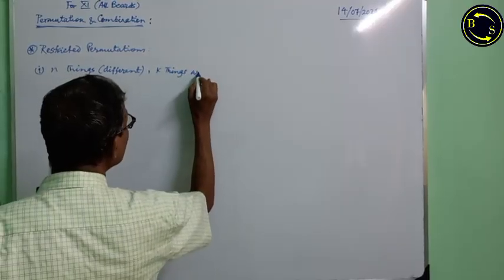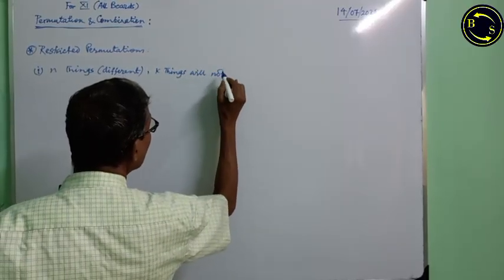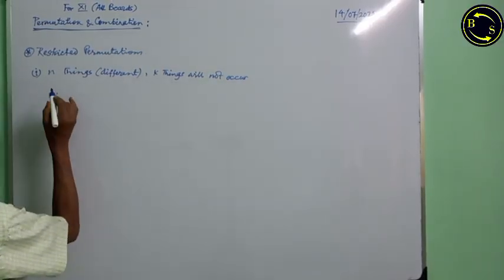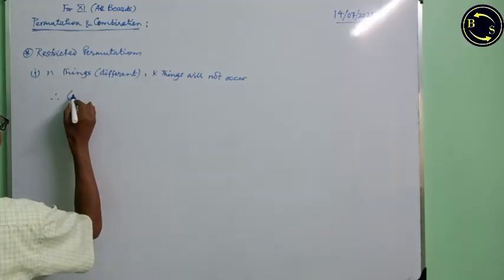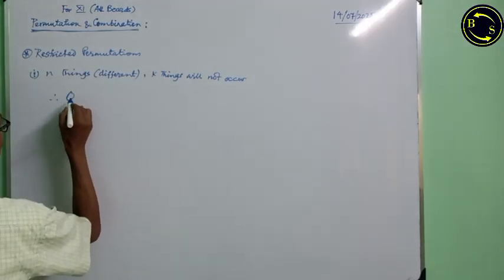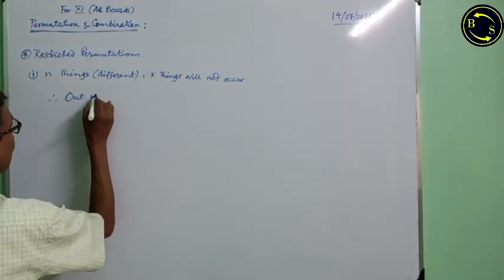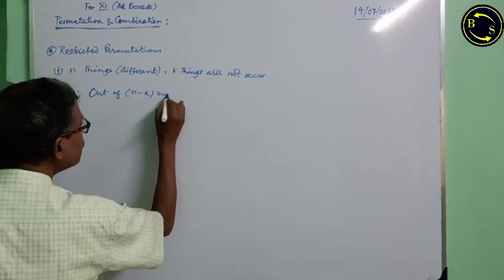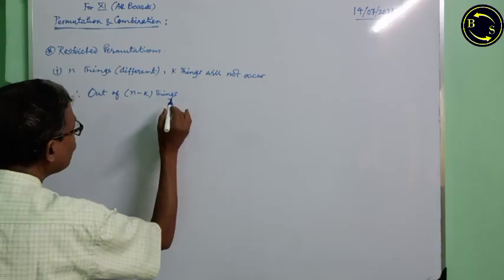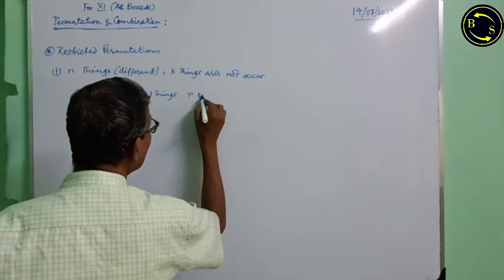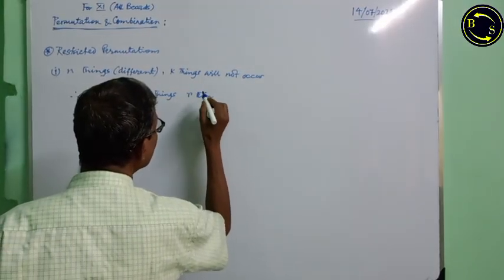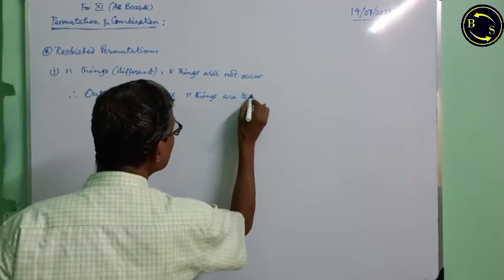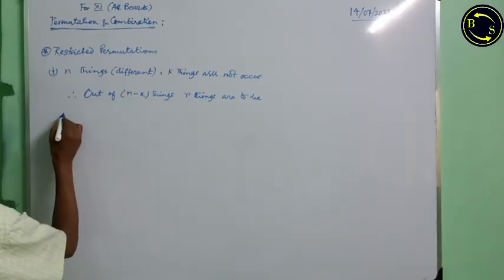K things will not occur. Therefore, out of n minus k things, r things are to be considered.